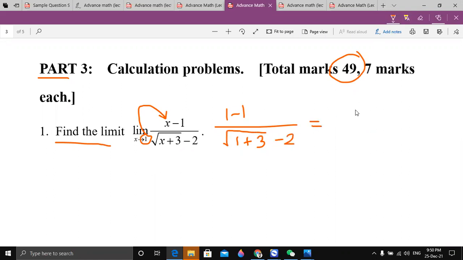So 1 minus 1 is 0, and 1 plus 3 is 4. So root over 4 is 2. So 2 minus 2 is also 0, right? So we get something like 0 by 0. That's why we have to think of some other way.